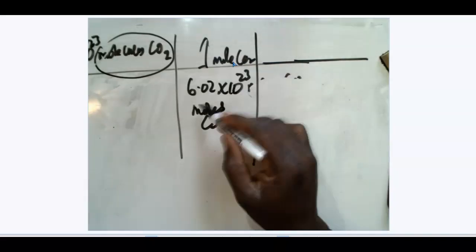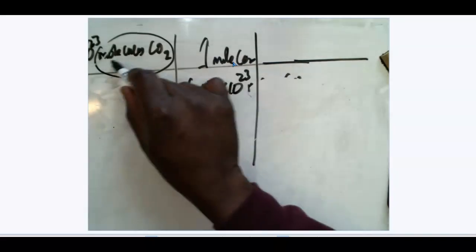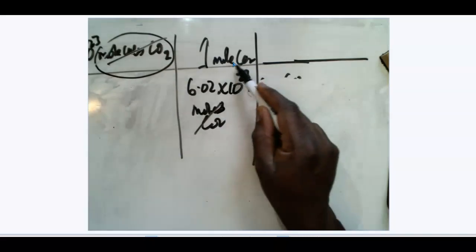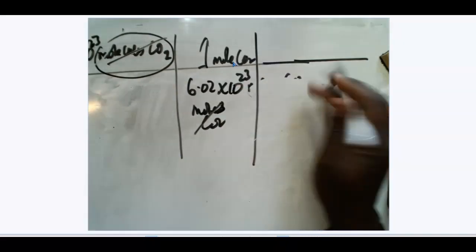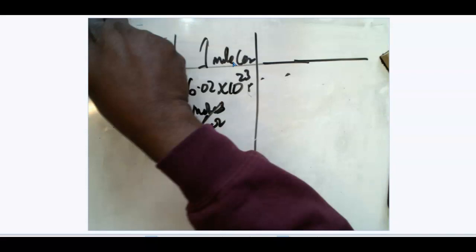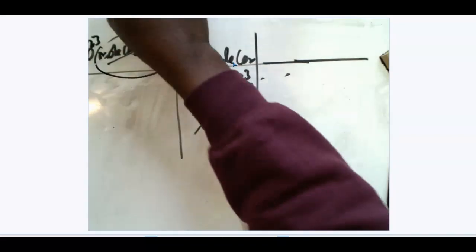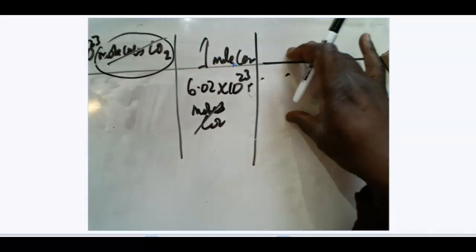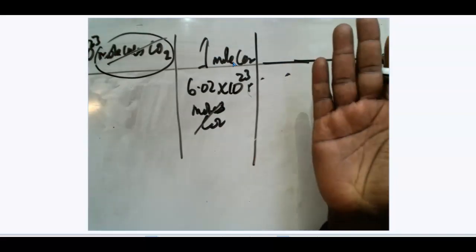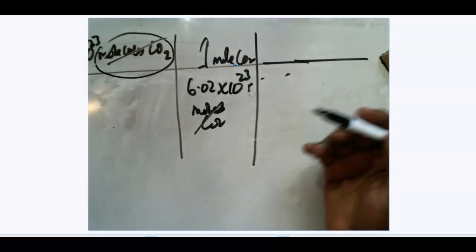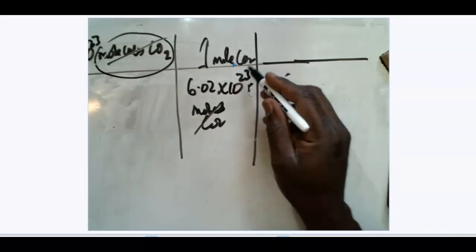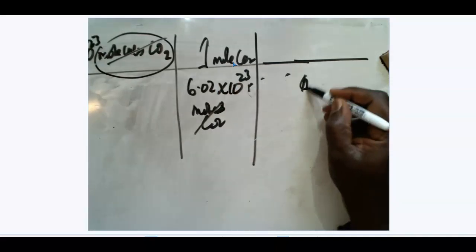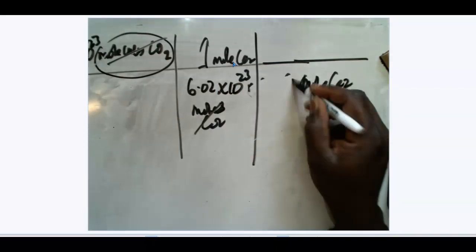The moles of CO2 here will cancel this mole. Since you don't have any chemical equation, there is no mole ratio. If the chemical equation is there, that's when you go to your mole ratio. But there is no chemical equation, so it's just mole to mole. So you have moles of CO2 here, then moles of CO2 here, which is 1 mole.